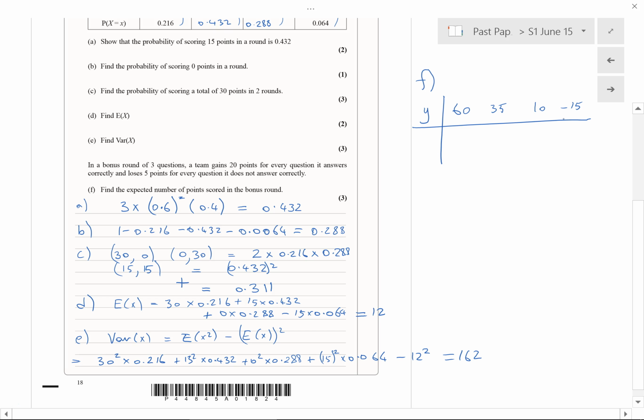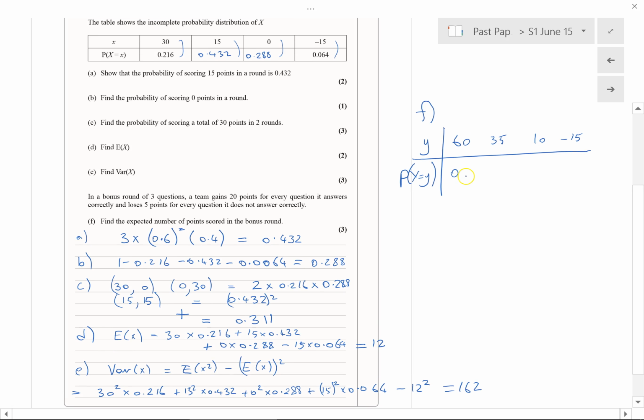Okay, then we've got the probability Y equals y. We can work out the probability of all of those. We're working with the numbers from before. The probabilities aren't going to change because we've still got a 0.6 probability of being correct and 0.4 of being incorrect. So it's just the scoring that will be different.